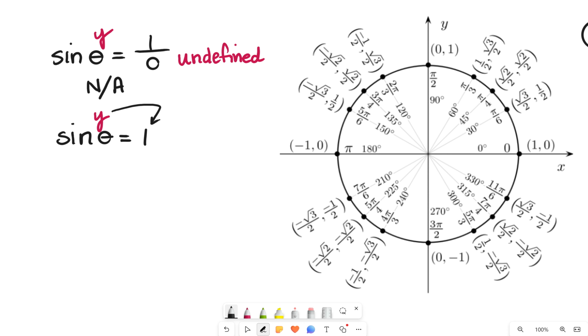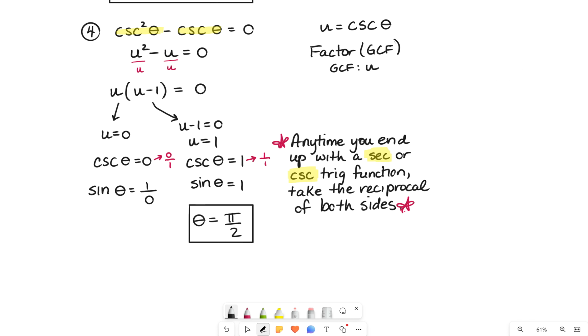Where is the y value 1? Well, let's look. It's not here, it's not here, it's not here. Okay, so here's the first one. Here the y value is 1. And we just keep going around the unit circle, and that's the only place where y is 1. So here, theta, the radian angle for 90 degrees, is pi over 2. That's the only answer to this problem, one angle.